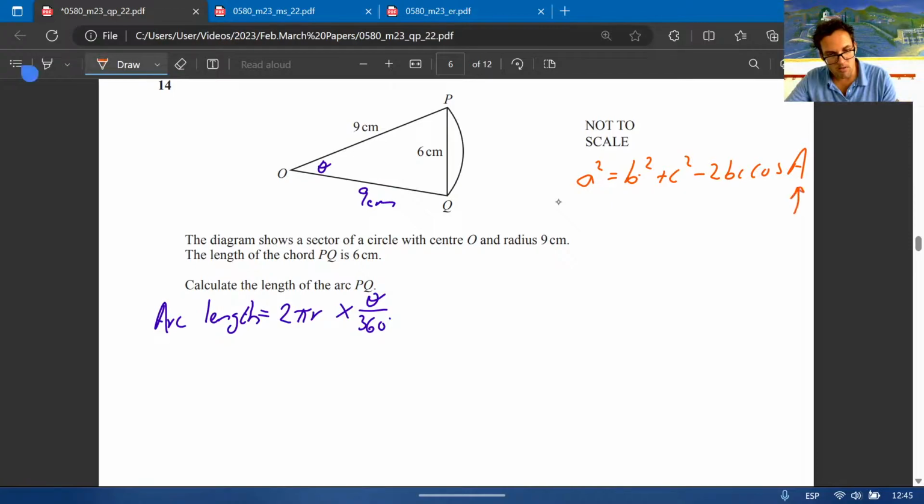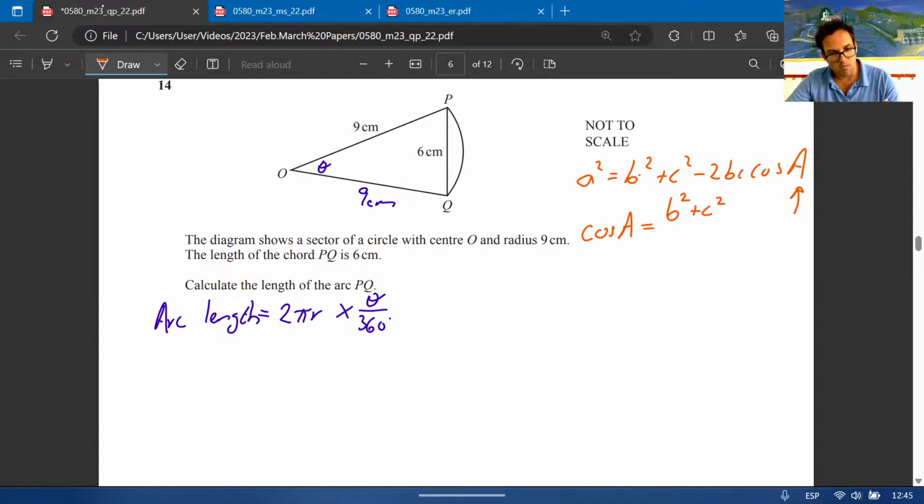Now we can use this formula to work out the angle, or we can rearrange the formula. It's not difficult to do, or we can memorize the rearranged formula. Okay, so if you want to work out the angle, it's better to use this formula, right? So cos A, we've got the A there. Then it starts off the same, b squared plus c squared, you see?